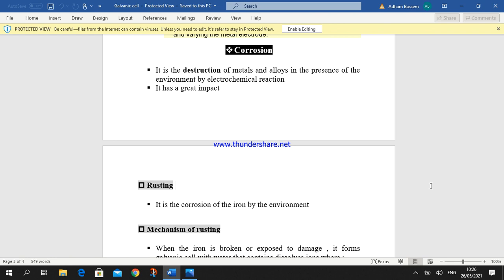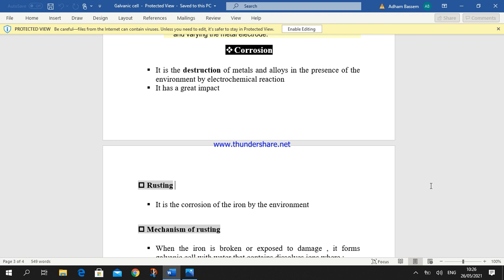So rusting only applies to iron and to alloys made of iron, such as steel. You must never use the word rusting when talking about metals other than iron or alloys of iron. In the case of other metals, you should use corroding.